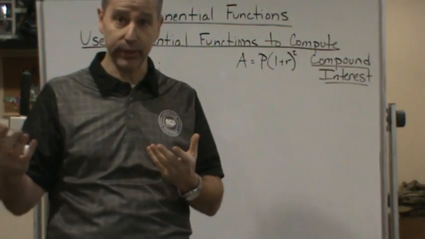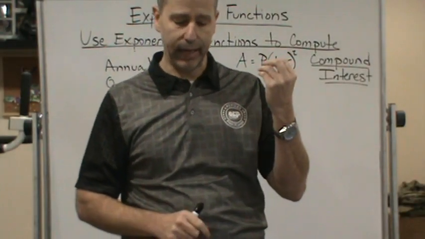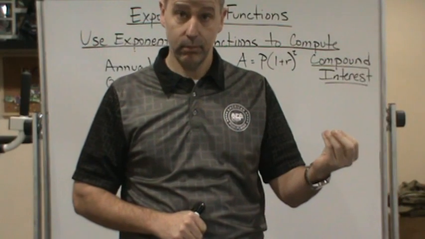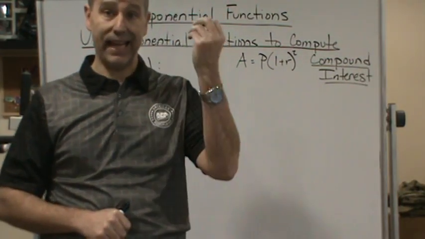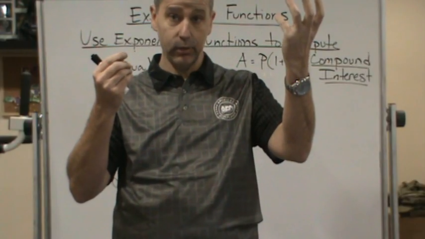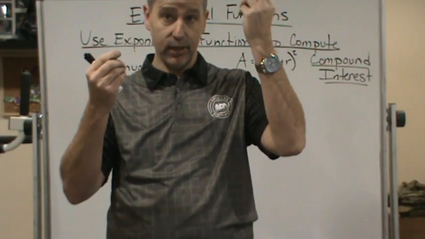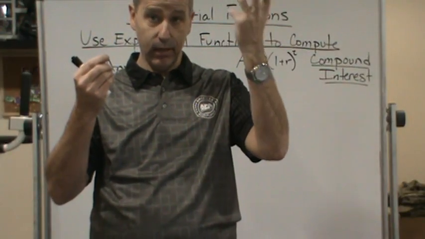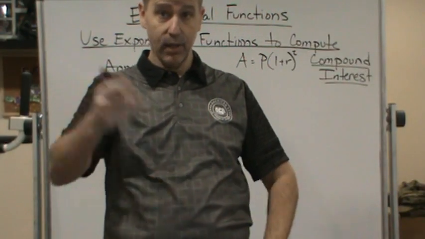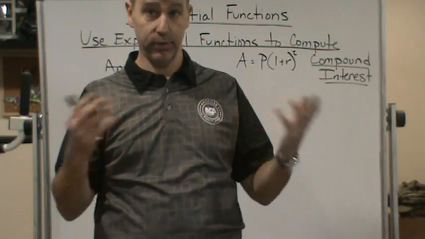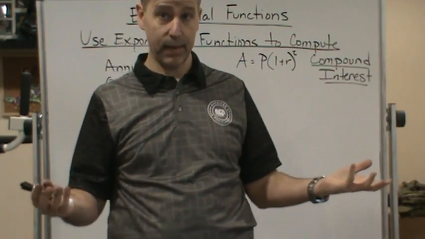And since it's monthly, we want the total number of months. So we'd take 12 times T, the number of years, and that would give us the total number of months over the investment time period.